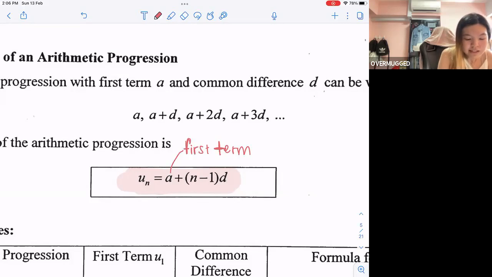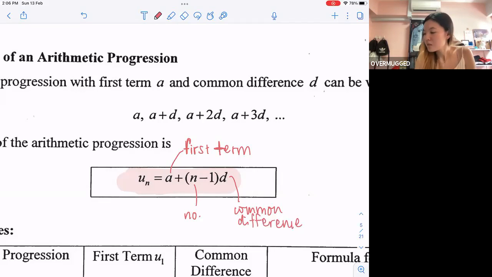Your n is the number. And then your d is your common difference. So you can find any term in the arithmetic progression by using this general formula. You need to memorize this. It's not given in your formula sheet.